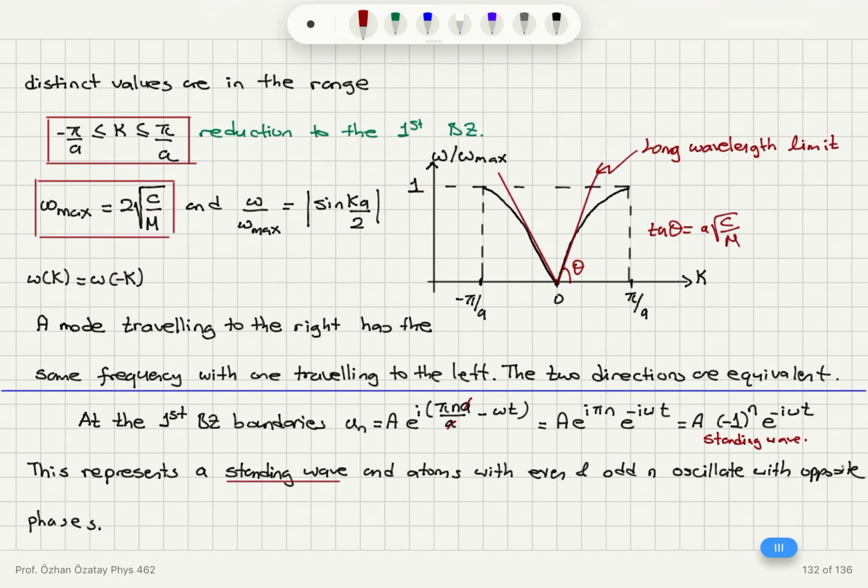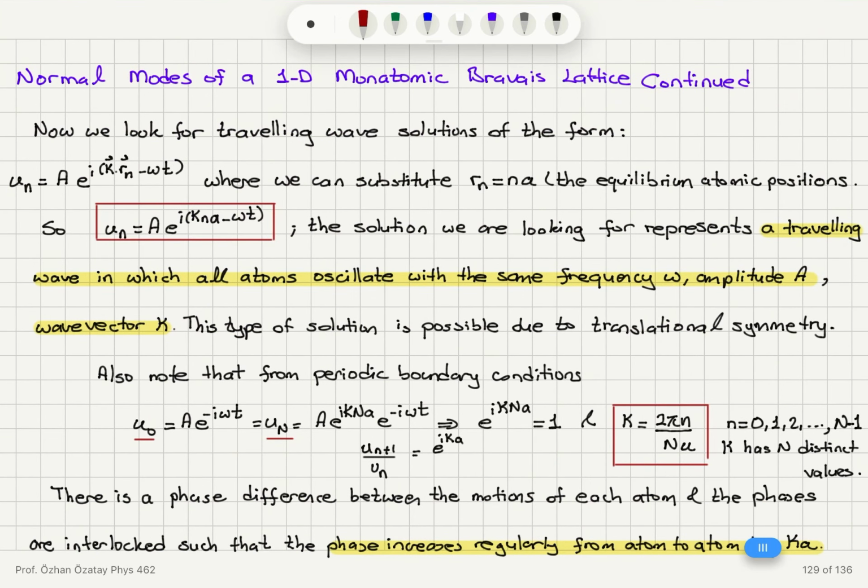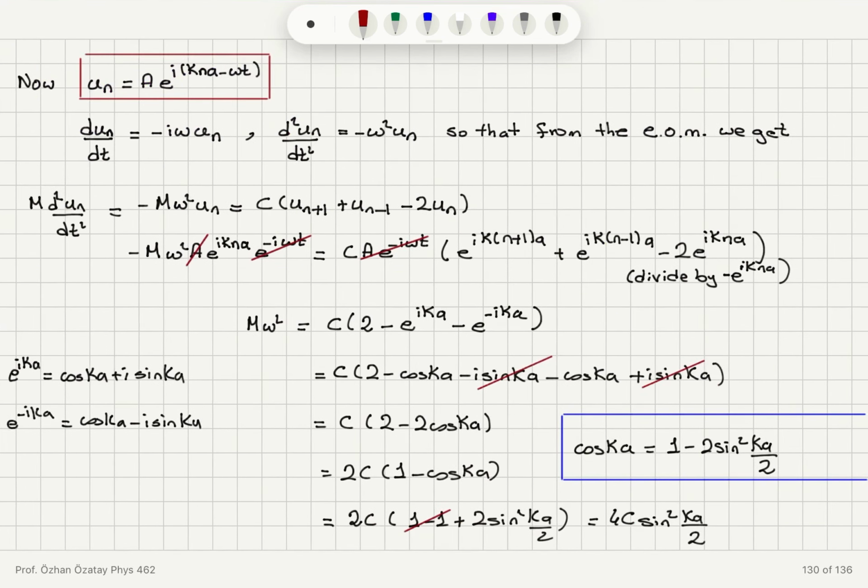So to summarize, our solution for the normal modes in a one-dimensional monatomic Bravais lattice is a traveling wave solution. It has the form A e to the i (k n a minus omega t). K values are discrete such that the phase is increasing from one atom to its neighboring atom.